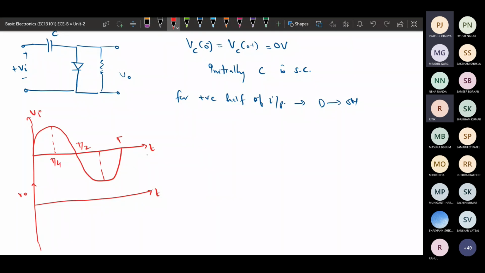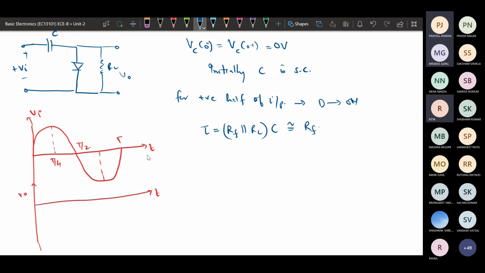For the positive half, once we apply it, the tau we will have is, with the diode on, whatever the forward resistance is in parallel with R, the load resistance, multiplied by C. Since it is forward bias, the forward resistance will be very small, so of the two in parallel the smaller dominates.